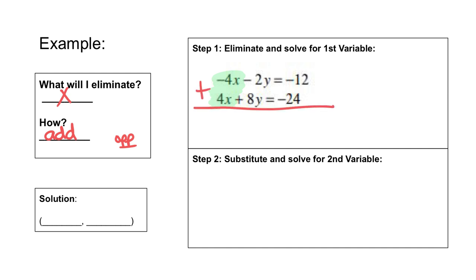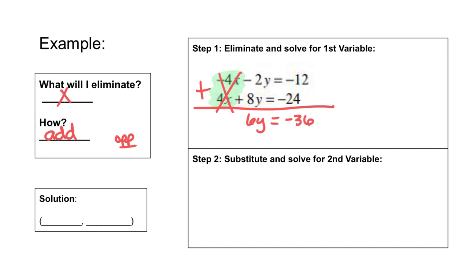So negative 4x plus 4x cancels. I'm going to combine everything down the equations, by the way. So now when I go to the next one, I've got to read this minus in front of the 2 like a negative. So I do negative 2 plus 8, which gives me a positive 6y. And then I do negative 12 plus negative 24, which gives me negative 36.